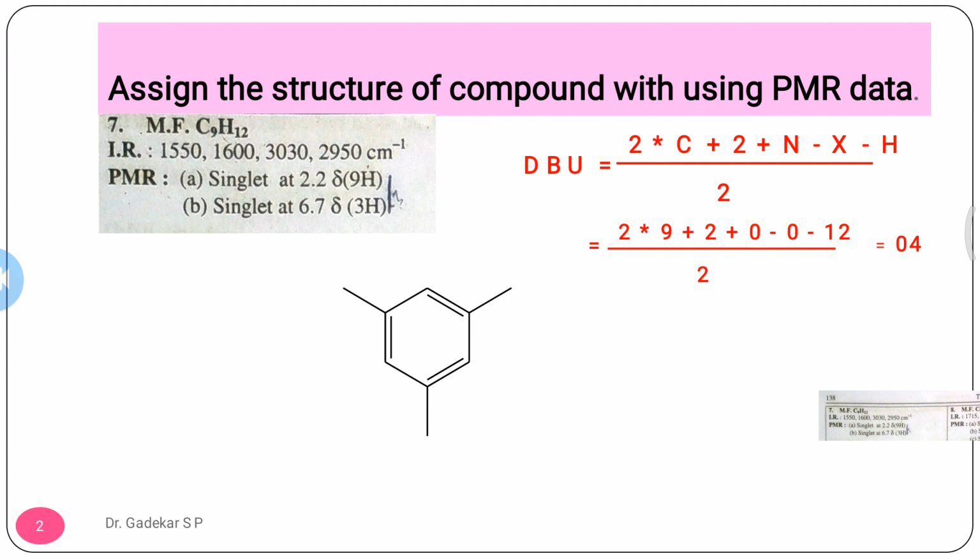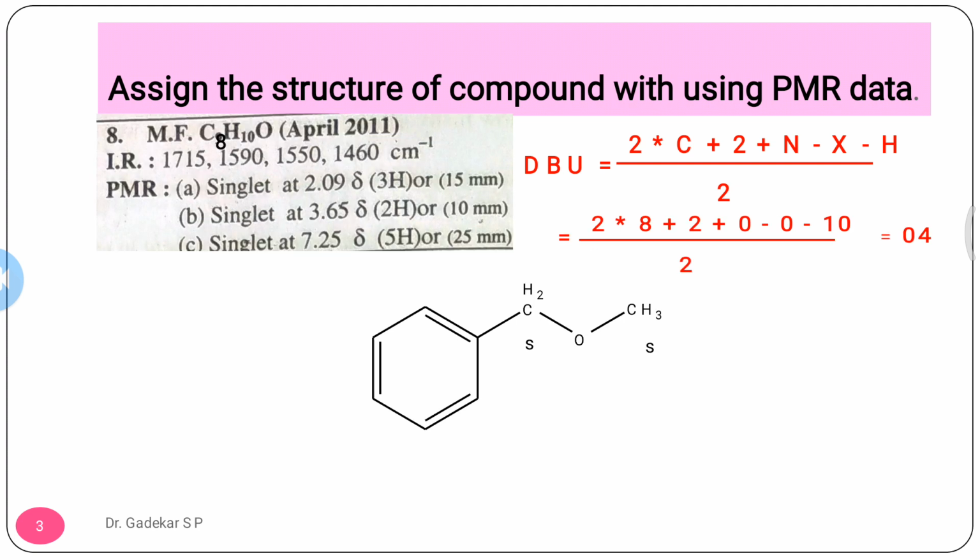Another example. Assign the structure of the compound using PMR data. Example 8: C8H10O. How many double bonds are present in this compound?